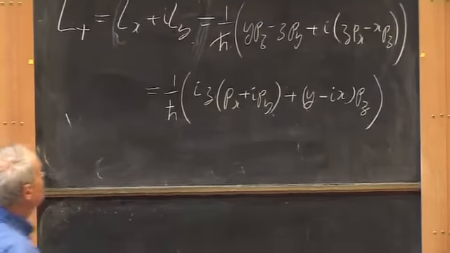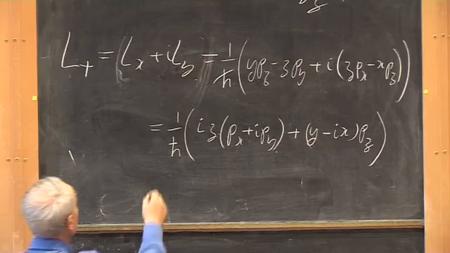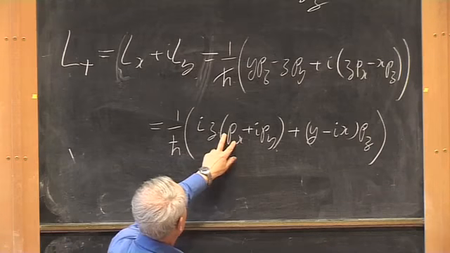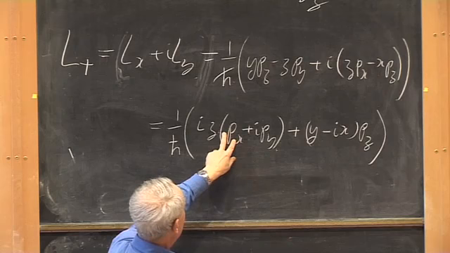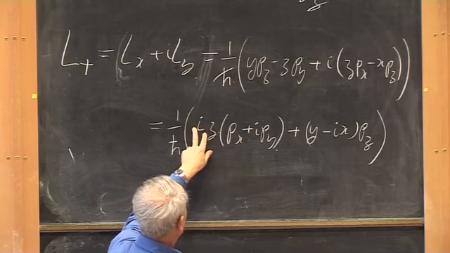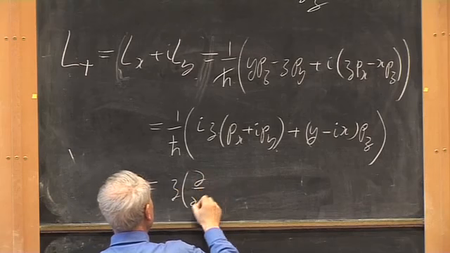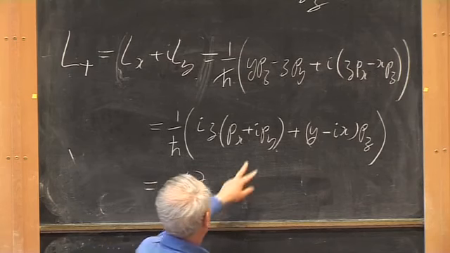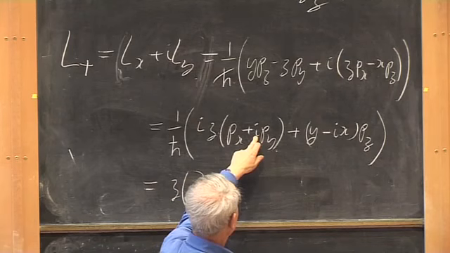Now we replace the p's by minus i h bar d by dx, etc. So we'll get a minus, the h bars are going to go throughout. From here we'll have a minus i times an i, which will give us a plus. So we'll have a z d by dx. Here we have two i's making a minus sign.